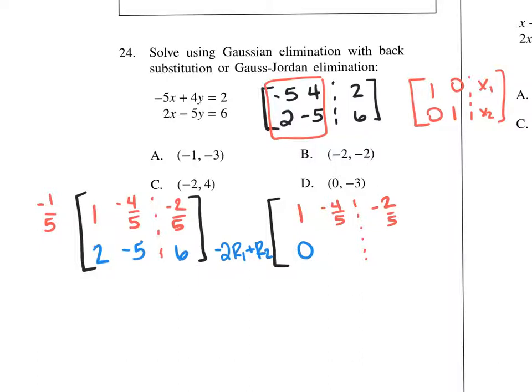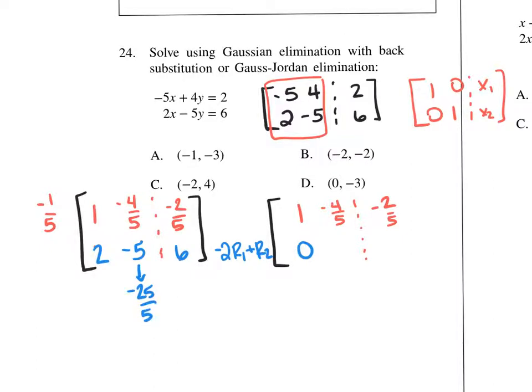Well, the problem is that I need to add a number with fifths in it to a number that doesn't have fifths. I need to turn this into fifths. If you know how to deal with fractions, this should be -25/5.